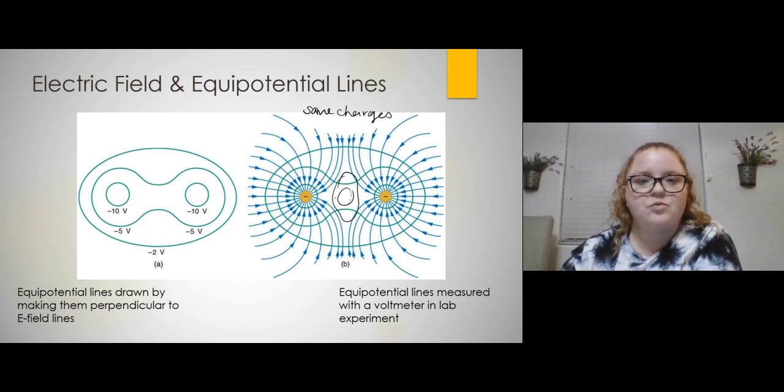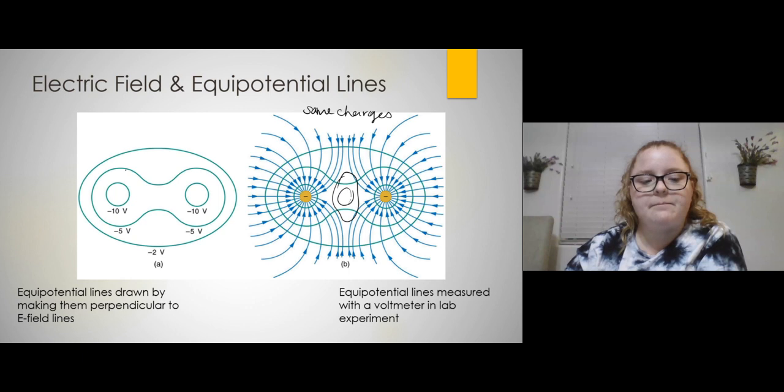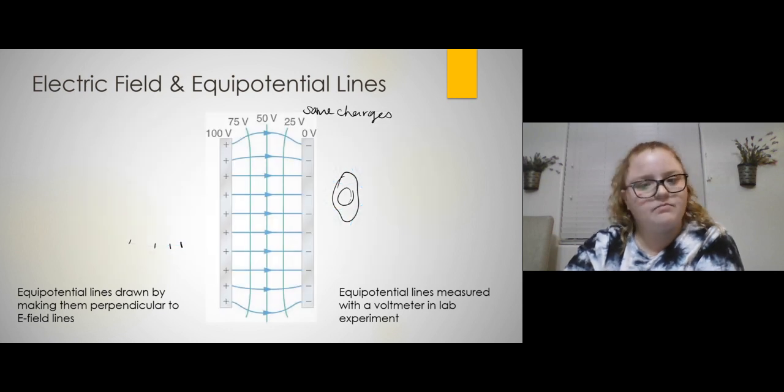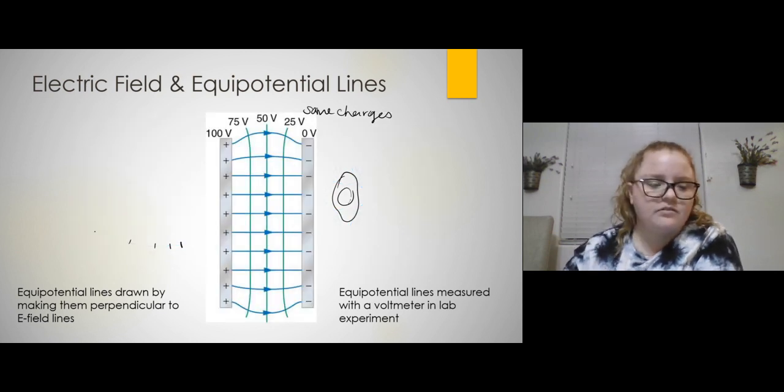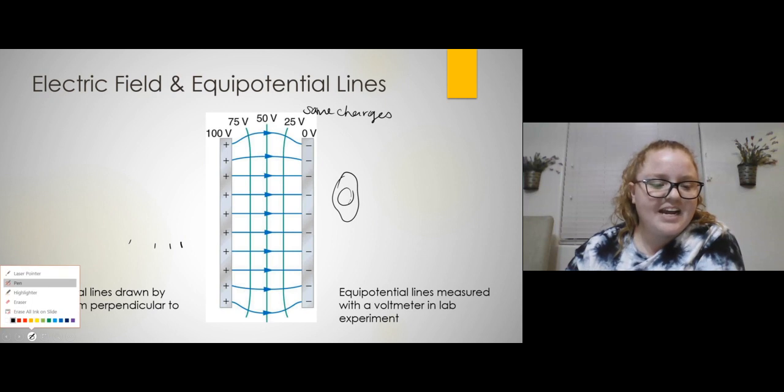This is kind of a guess when we just start drawing it, but once we get our voltmeter out, we can measure that and follow these lines. We can follow these equipotential lines by taking a measurement here, and then here, and then here, and so forth. All right, I'm going to pause. There's another one. Oh, I forgot how many I added.